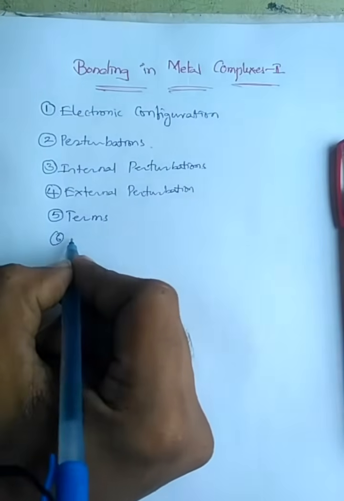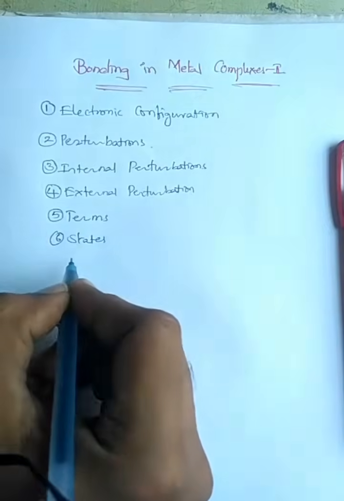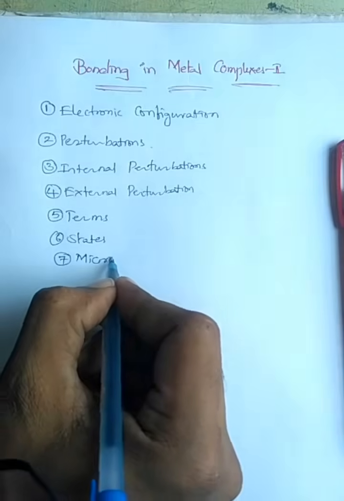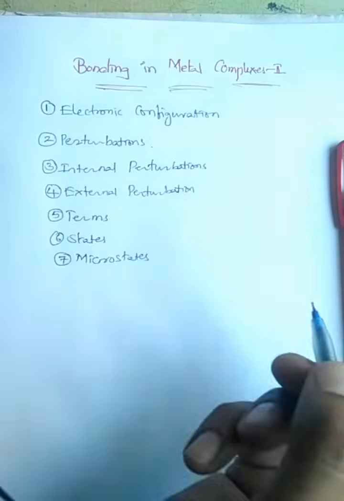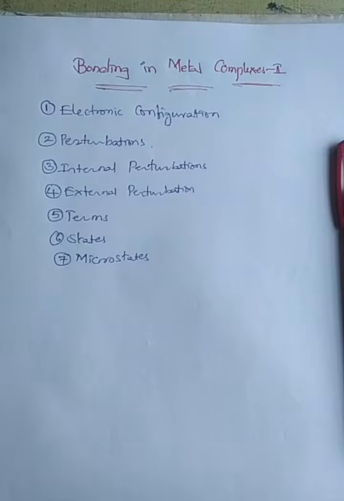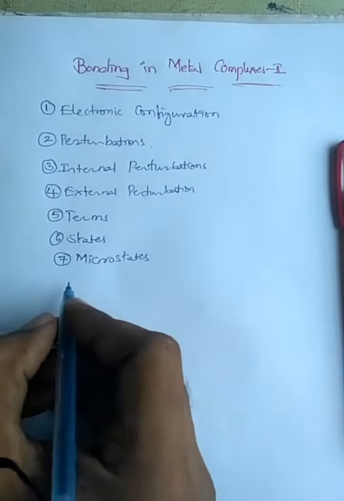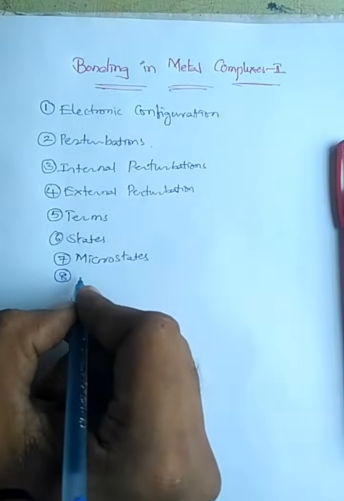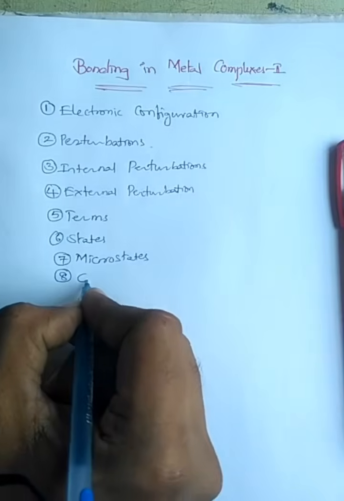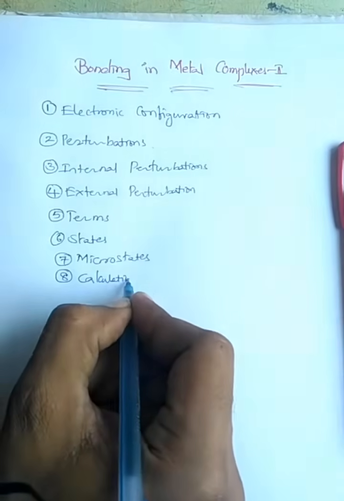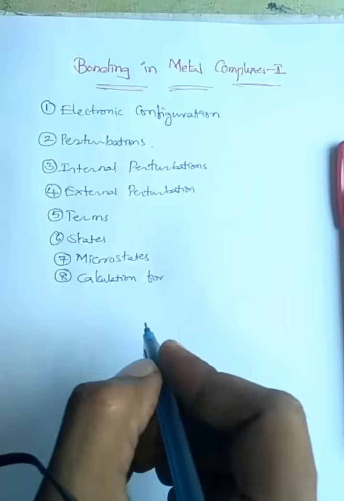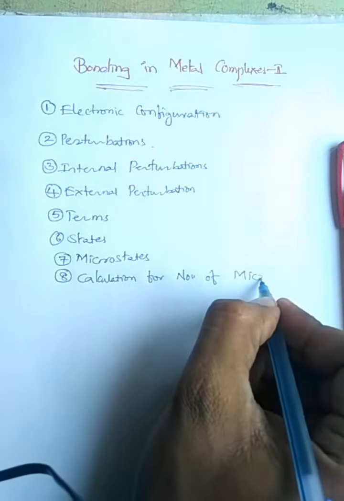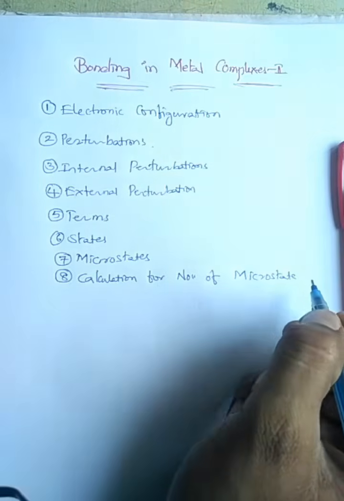Terms, states, and microstates. What is a term, what is a state, what is a microstate? I have given the definitions, and I have also given the calculation for the number of microstates for an electronic configuration.